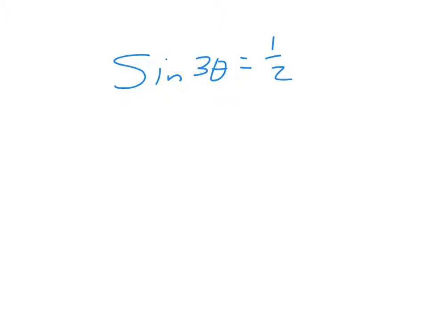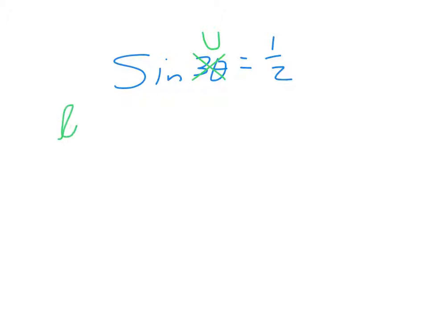Would you agree that you'd like this problem better if it just had a theta here? It would just be sine of theta equals a half. That you could do. Well, you can't just go around changing problems to make them super easy, but you can do a substitution, and you put in a U, and that's the universal sign for I'm doing a substitution here.